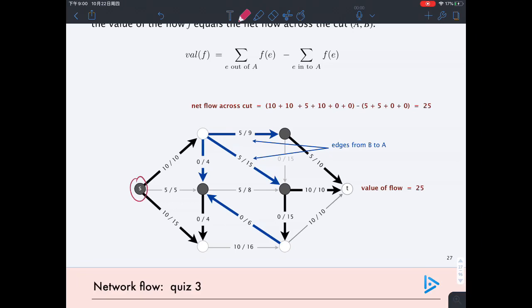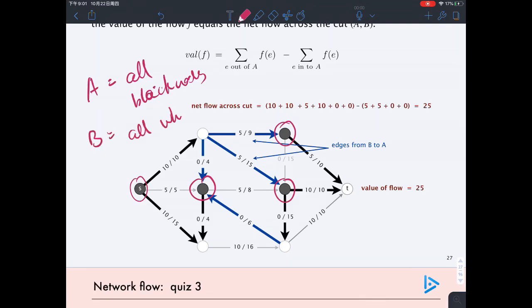The third case is a bit more subtle. We make A the set of black nodes, so A is all the black nodes, and B is all the white nodes. Here we want to be a bit more careful in calculating both terms. I want to compute the set of edges that are coming out of A. These are the black edges.